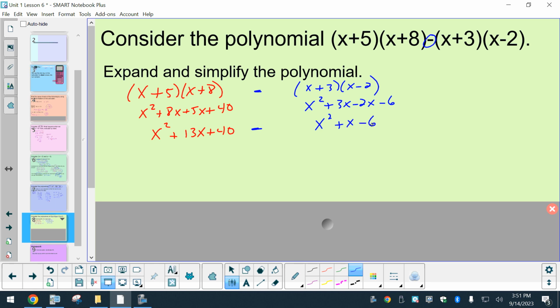Okay, now you have to be careful because there's this subtraction, but we need to group the trinomial together because you have to subtract the whole trinomial. Okay, so now we're going to combine some. We've got x squared plus 13x plus 40, but you want to distribute the negative to everything.